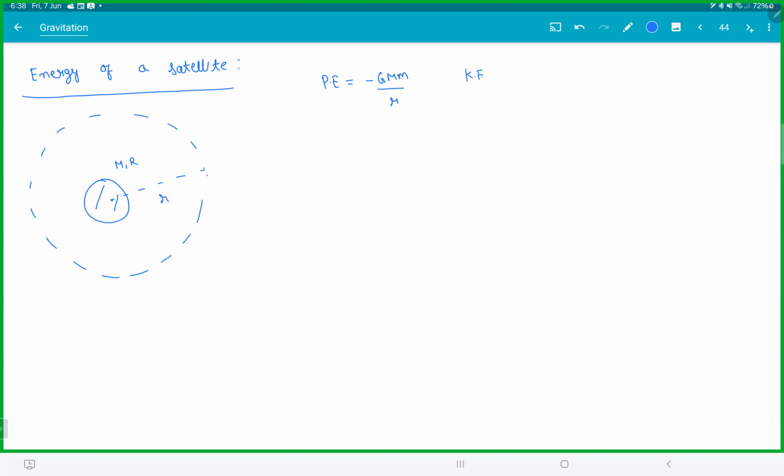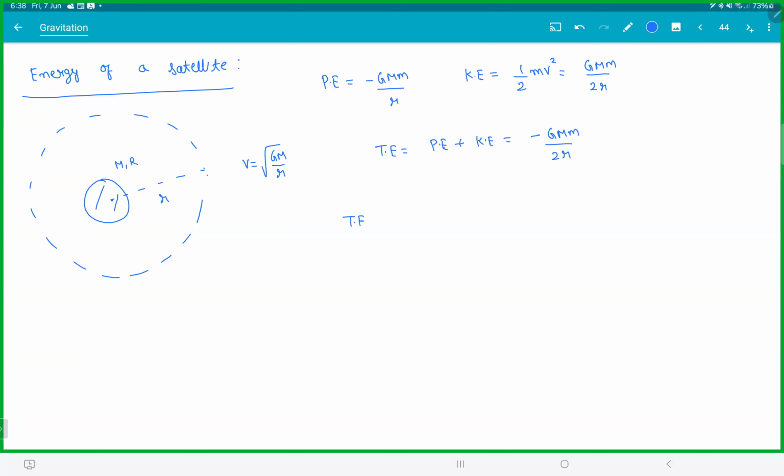The kinetic energy is given by half mv square, where v is nothing but root GM by small r. This turns out to be GMm by 2 times small r. The total energy would be potential plus kinetic, which is minus GMm by 2r.